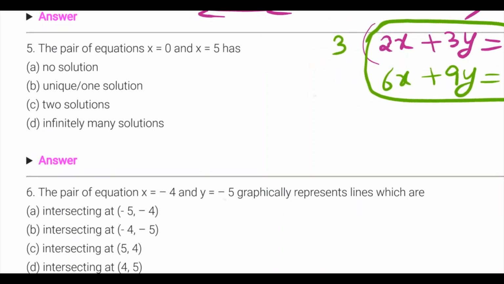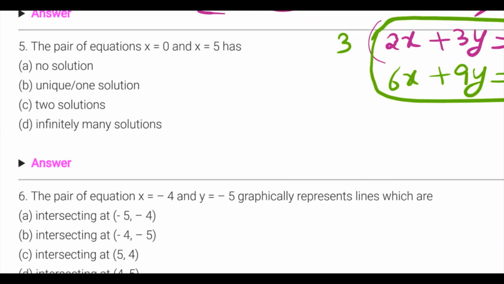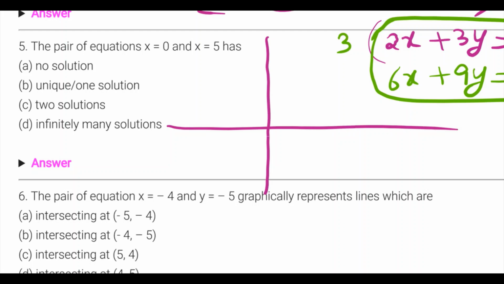Next, move on to the fifth question. The pair of equations x equals 0 and x equals 5. x equals 0 is the origin. x equals k is a line which is parallel to the y-axis. If x equals 5, this is 5, and this will be my line.